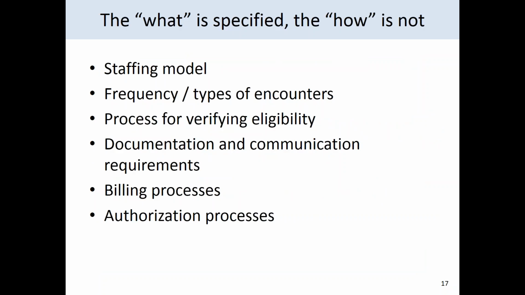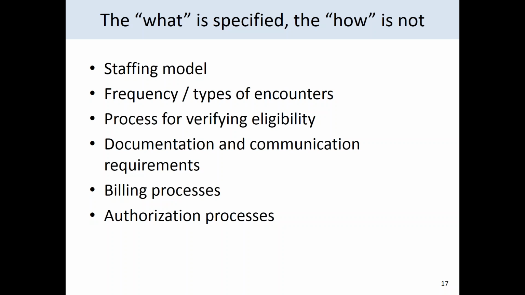So if you think about what was specified in terms of the services and the settings and the providers, to use language put forward by Marv Gordon of HealthNet, who I thought put this very succinctly and very well: the policy specifies the what, but the how is not specified.